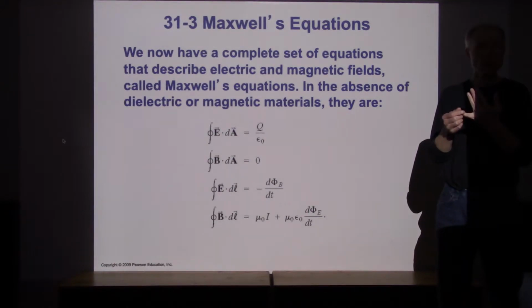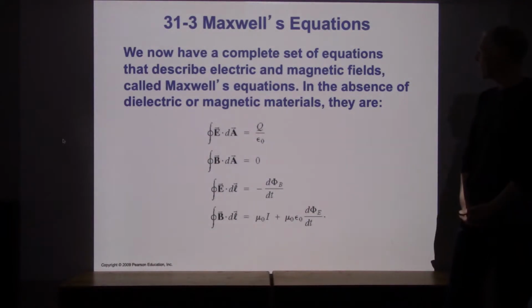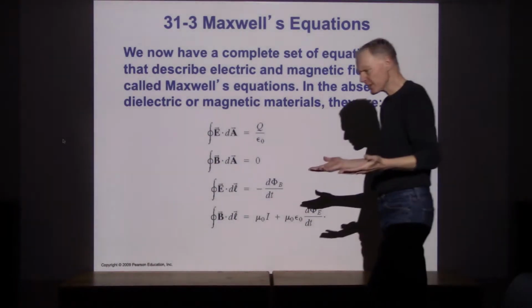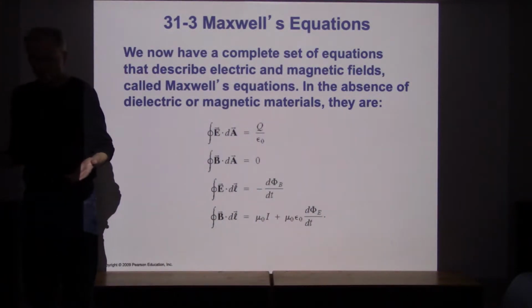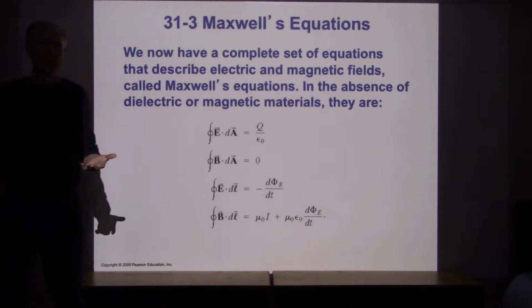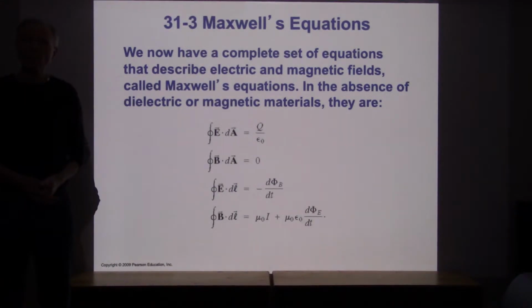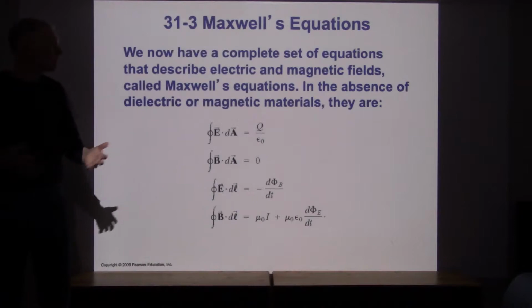There was Gauss's law, there was Ampere's law, and there was Faraday's law. And we said there are these theorems. This is an alternate way to look at determining electric and magnetic fields. And we've spent some time discussing that.